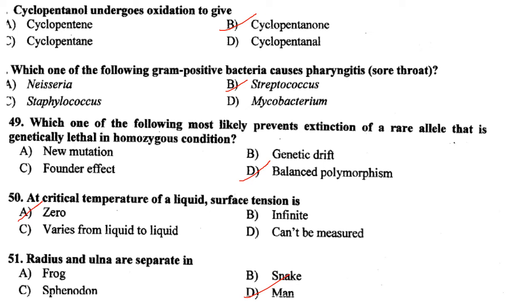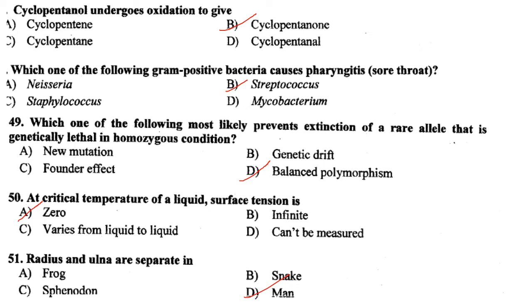So balanced polymorphism, different versions of the gene are maintained in the population. Why? Because the individuals carrying both these versions are able to survive better than those who have two copies of either version alone. So answer here is option D, that is balanced polymorphism.